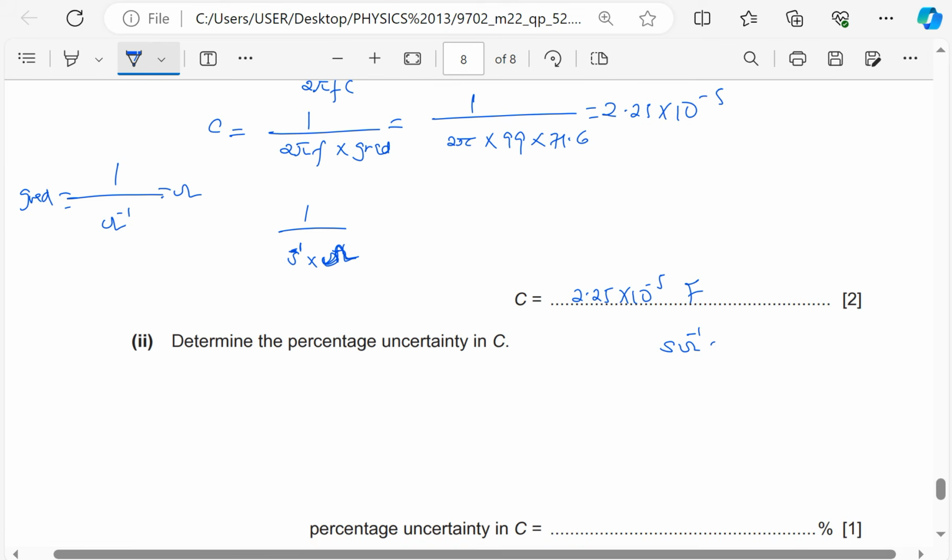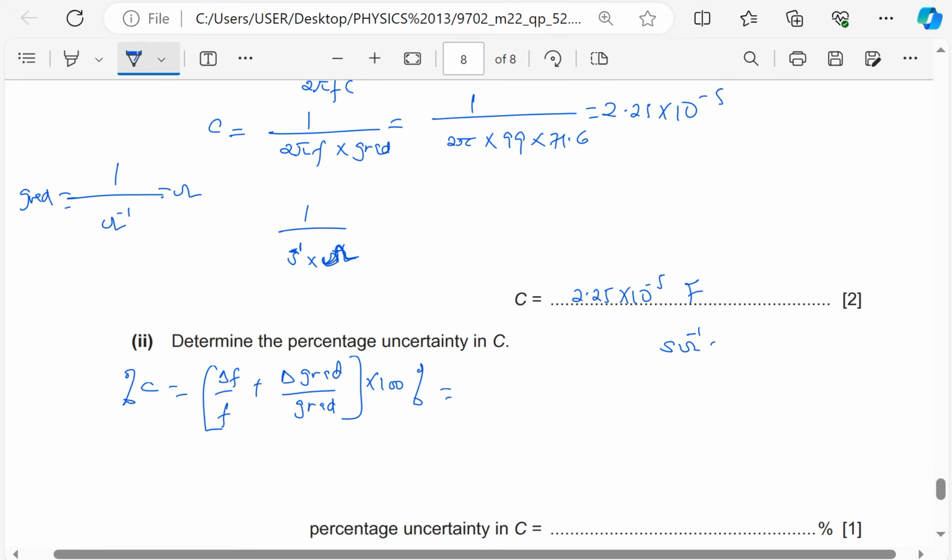Then percentage uncertainty in C, I'll just use the expression above. Because 1 over 2 pi is a constant, I will ignore it. Then for F, I will say absolute uncertainty in F over F plus absolute uncertainty in the gradient divided by the gradient. Then I'll multiply this by 100.